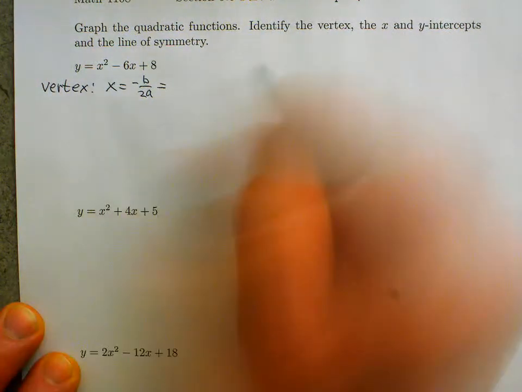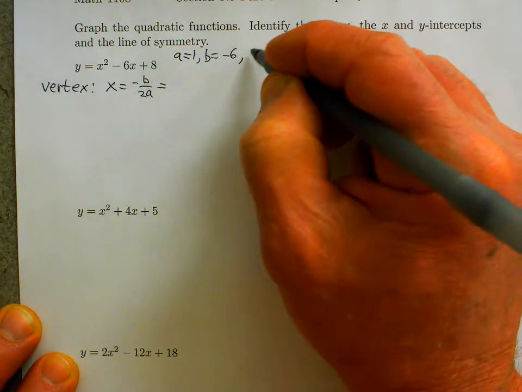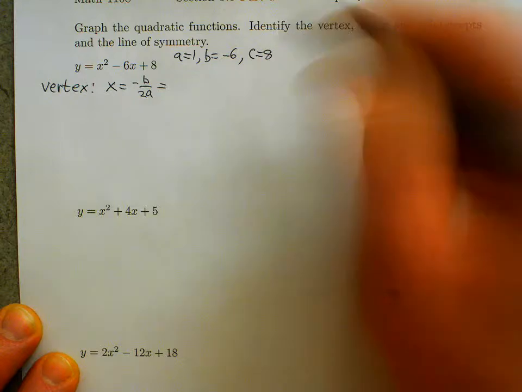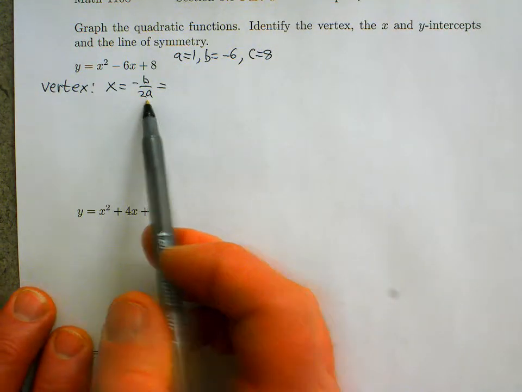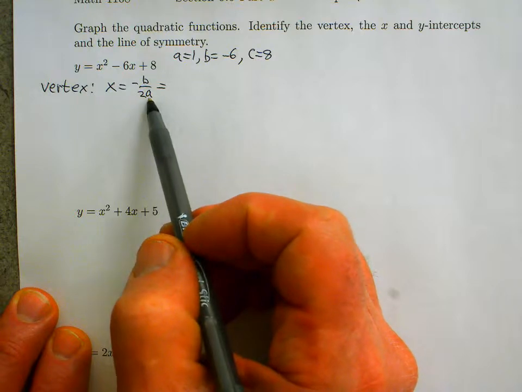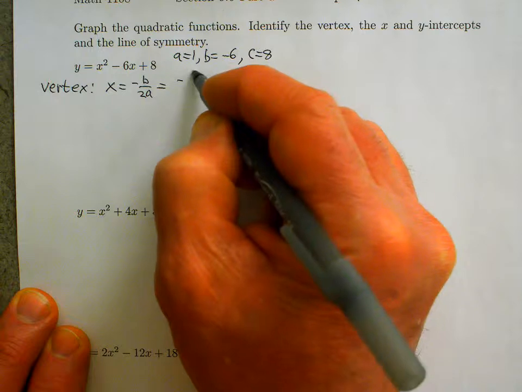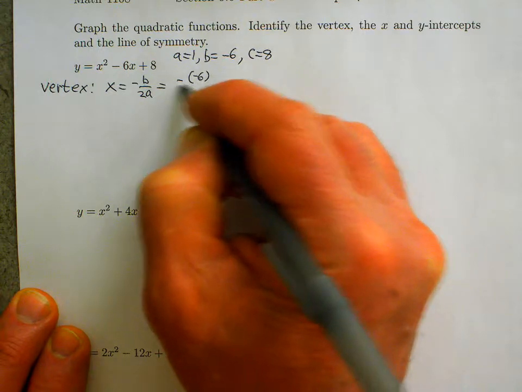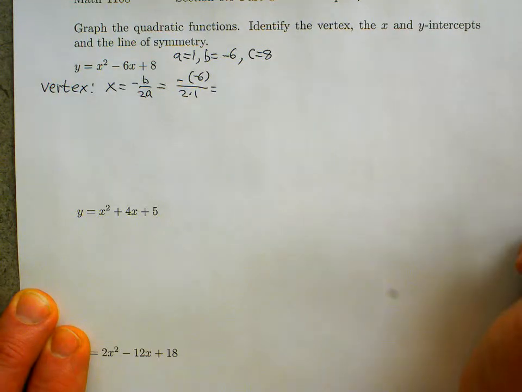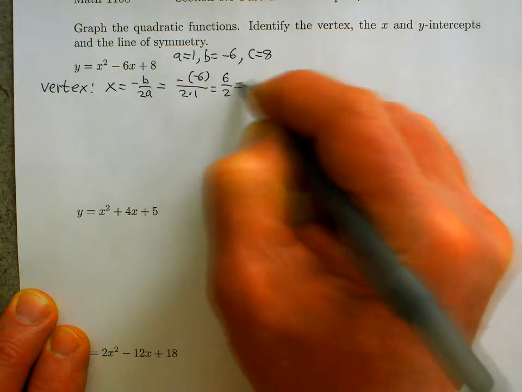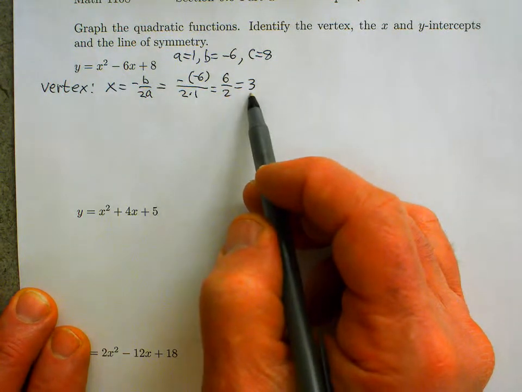So in this one, a is 1, b is negative 6, and c is 8. We don't need the value of c to find the vertex. Okay, so negative b over 2a is the negative of negative 6 divided by 2 times 1, or 6 divided by 2, which is 3. Okay, that's just the X coordinate of the vertex.